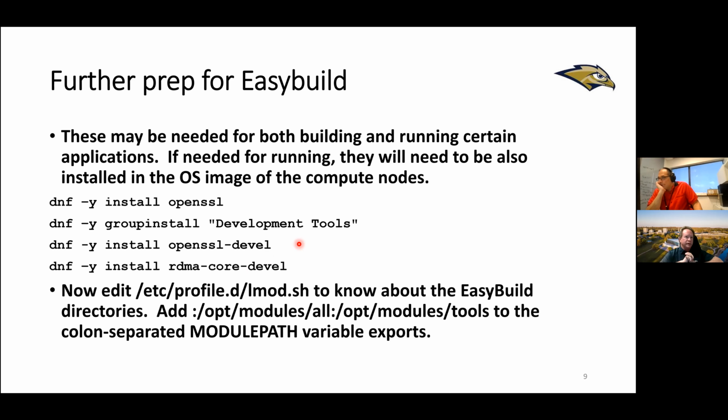With all of this in place on that build node, everything's been put in place to be able to do modules. We go ahead and edit at this point the lmod.sh that was installed in profile.d when we installed lmod-ohpc. We tell it to know about the EasyBuild directories we set up. Its default is to have just a simple, very short module path. Here we just add to that module path as colon-separated additional directories: colon /opt/modules/all, colon /opt/modules/tools.